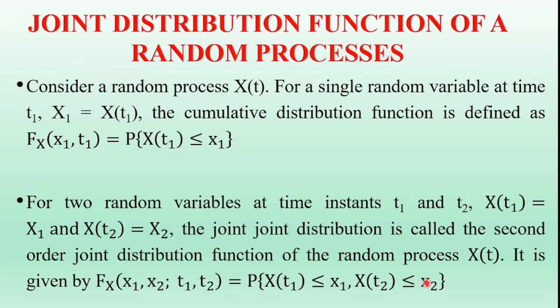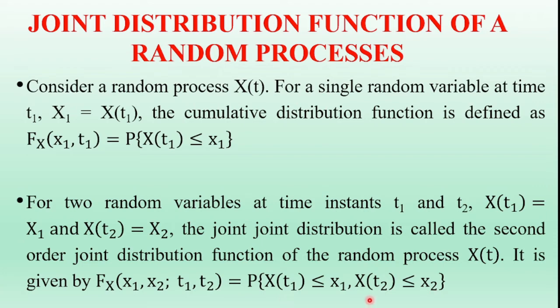The second order joint distribution function of the random process X of t at the time instances t1 and t2 is denoted as capital F_X of x1 comma x2 comma t1 comma t2, and it is defined as F_X of x1 comma x2 comma t1 comma t2 is equal to probability of X of t1 less than or equal to x1 comma X of t2 less than or equal to x2.